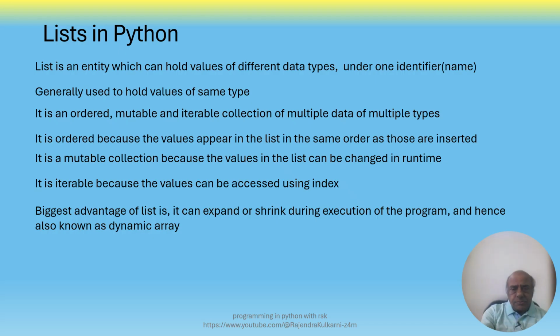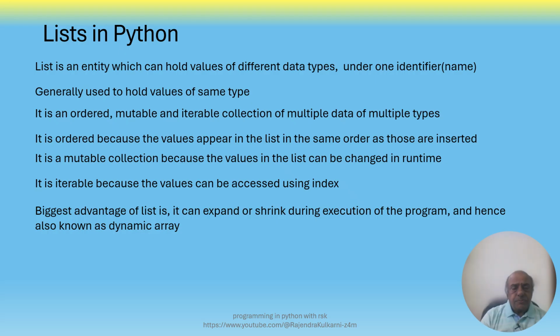In most of the classic arrays we cannot expand an array by adding additional values, or shrink an array by removing a few of the values, because the main reason is memory management.